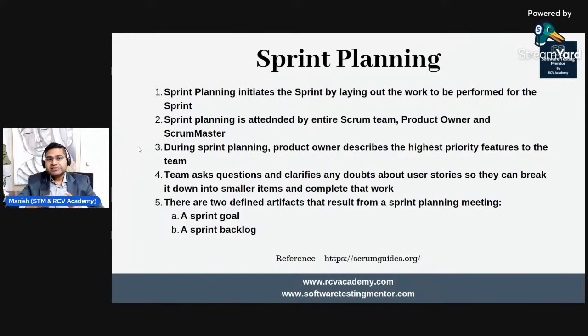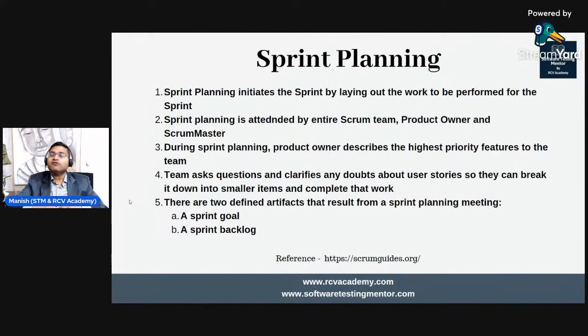That detail will be provided, and whatever work items need to be built are picked up in sprint planning, and then the sprint will get started. This meeting happens to see what can be picked up and what the capacity of the team is. If there are 5 people within the team, they can pick only a limited number of items.